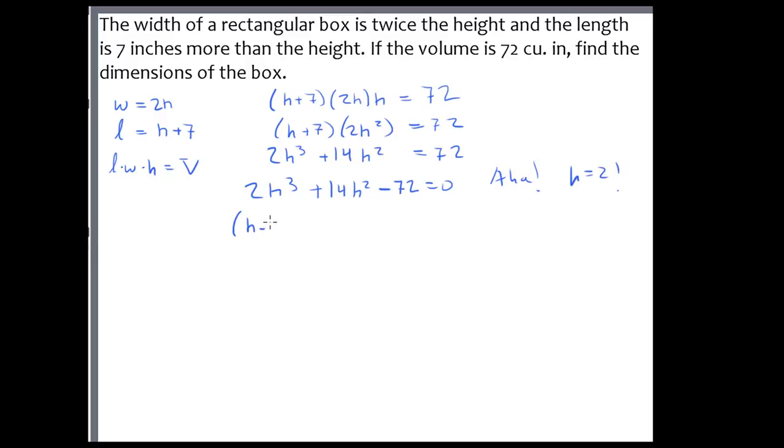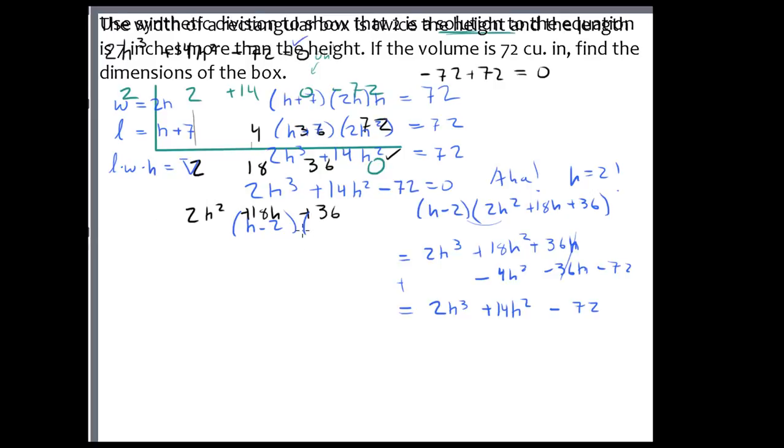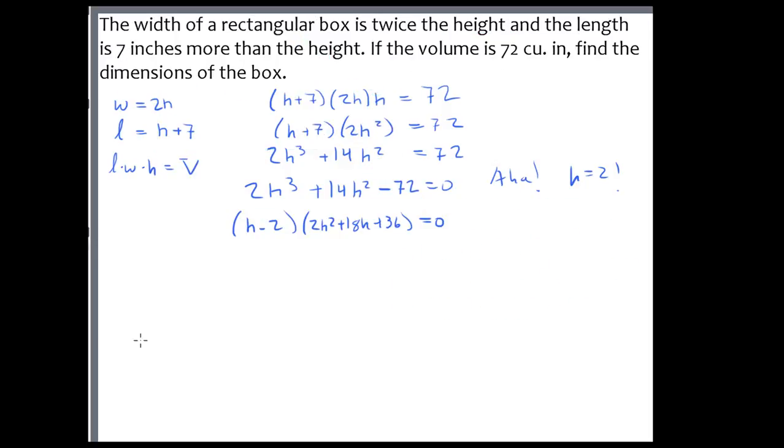We had h minus 2 times, let's bring up that other answer, 2h squared plus 18h plus 36 is equal to 0. Okay. So I want to check and see if there's any other solutions. I'm going to put this into the quadratic formula, I think, because I'm not too fond of trying to factor that.